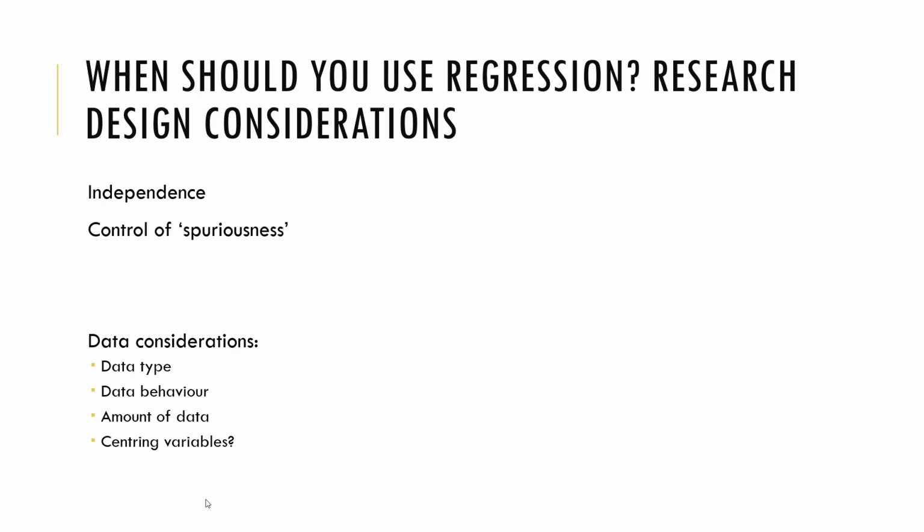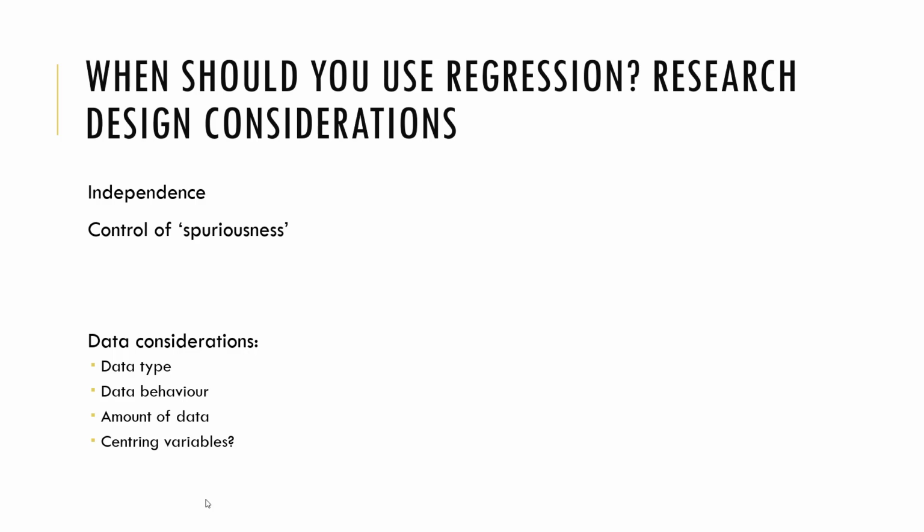And there's something else. If you're doing a multiple linear regression, you have to consider something called centering your variables. Now, centering is a really important concept. If you're thinking about entering any interaction terms into a regression, you need to center your continuous variables first.